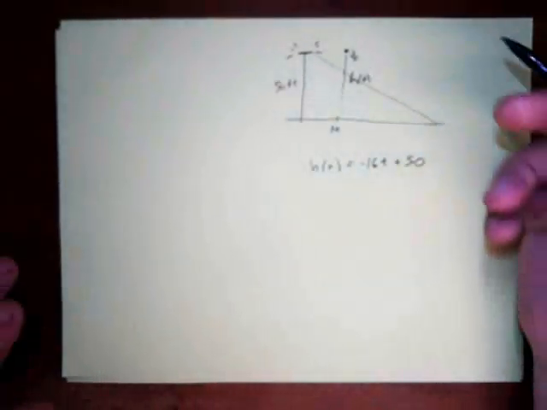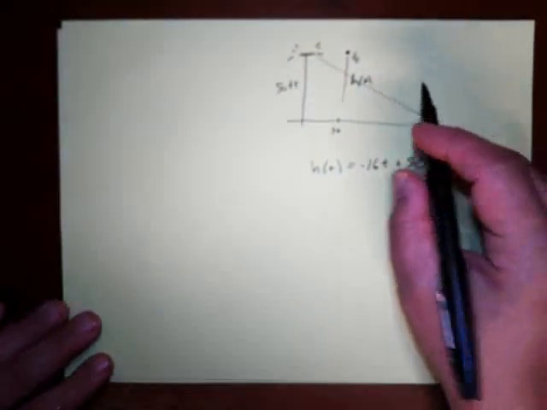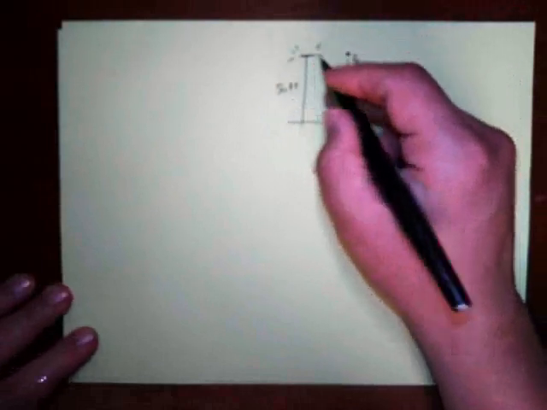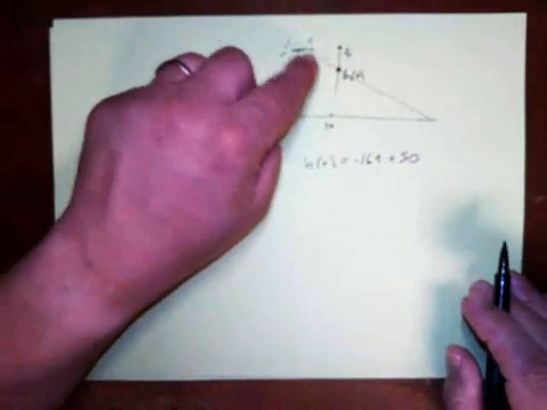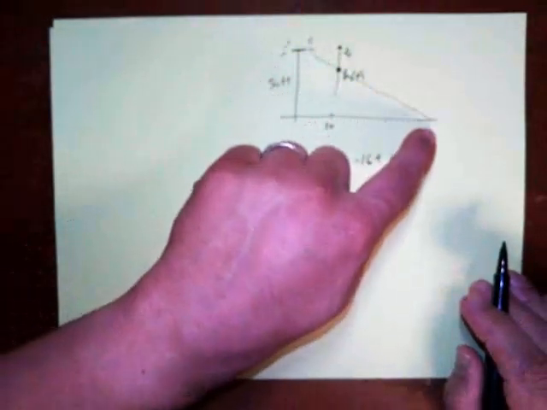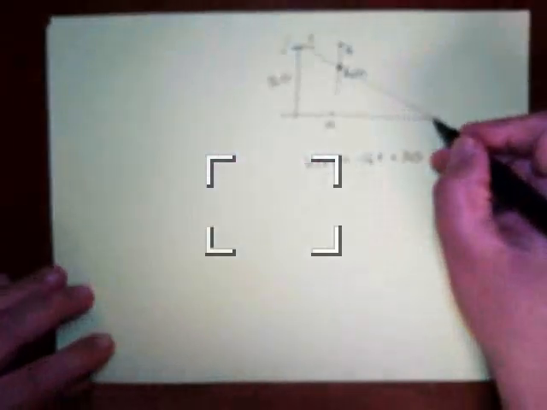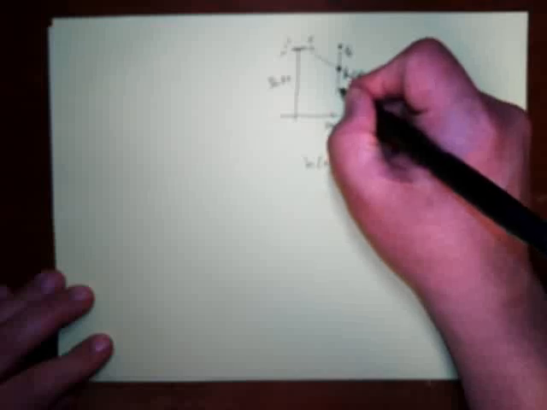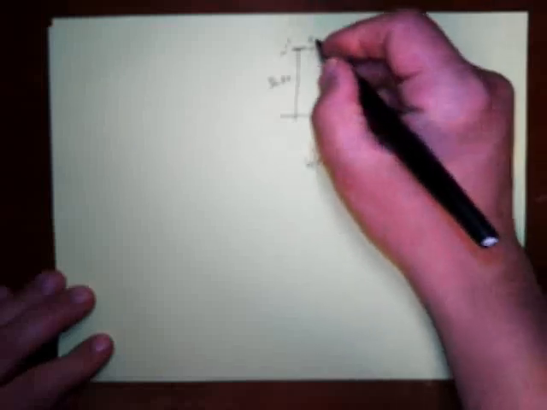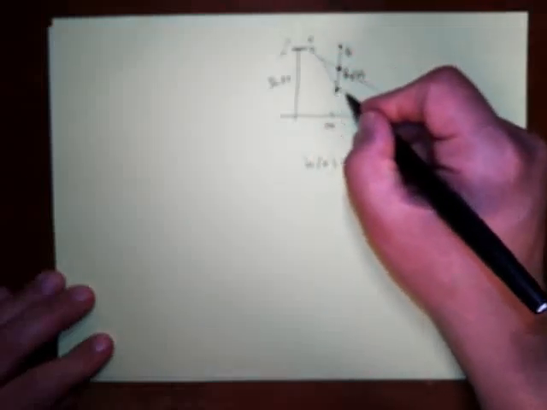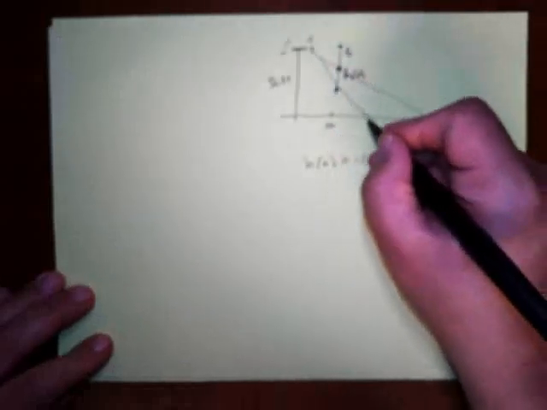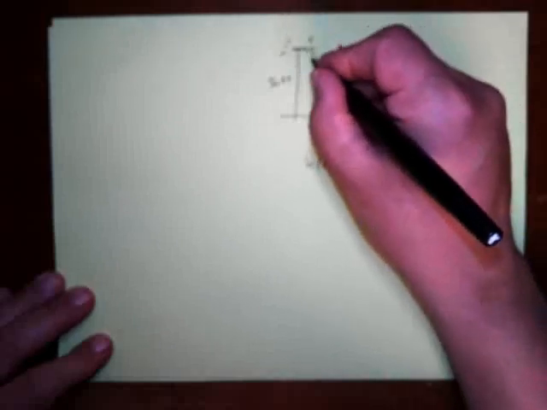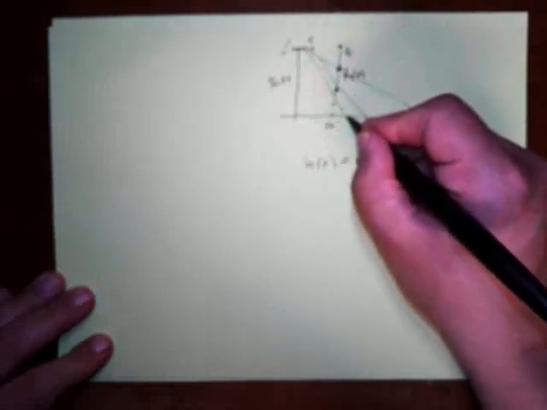Now notice, if this light is shining down and the ball is right at this point, it casts a shadow right here. If the ball were right here, the light would shine down and cast a shadow right here. If it was halfway, right here, the light would shine down and cast the shadow right here.